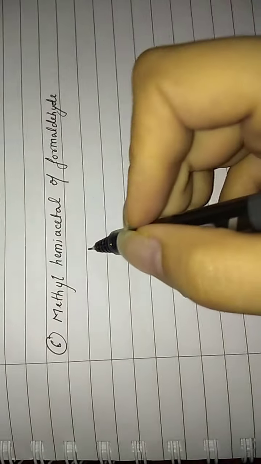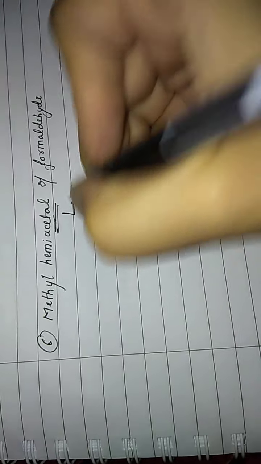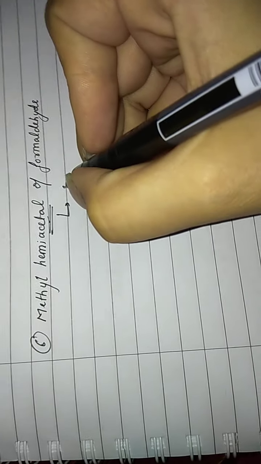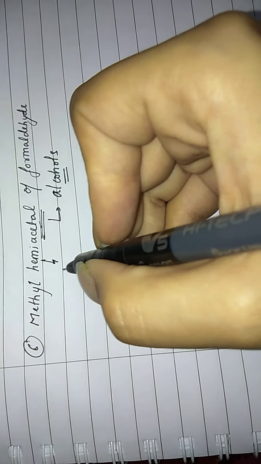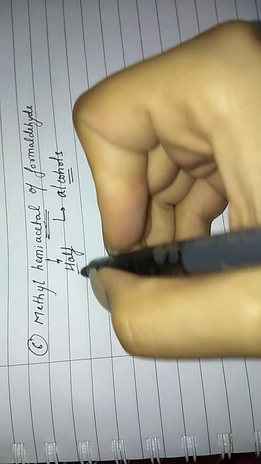Now moving to the last part, methyl hemiacetal of formaldehyde. Now we have already done the formation of acetals in the previous parts. As I said, acetals are formed by using alcohols. Fine, but it has a prefix hemi. Now hemi over here refers to half.